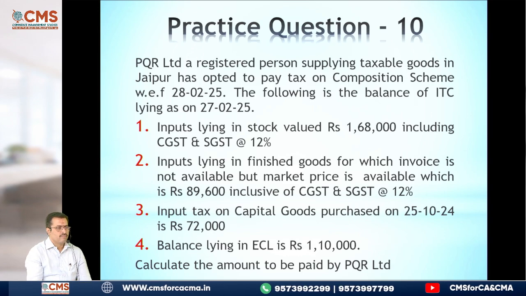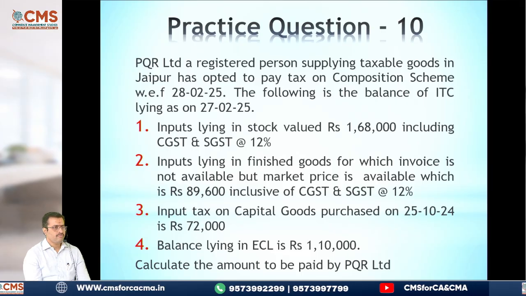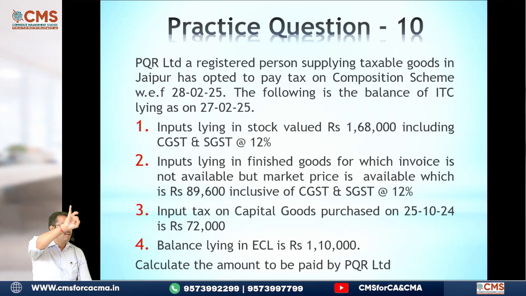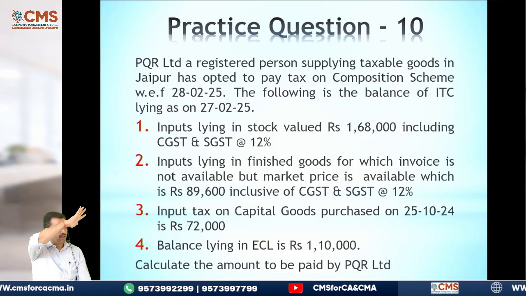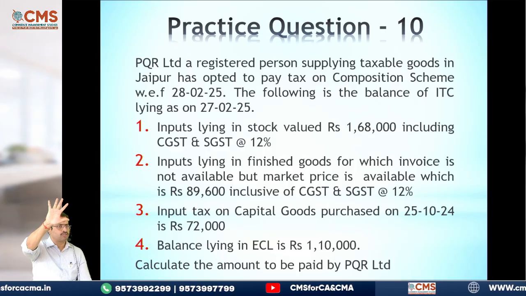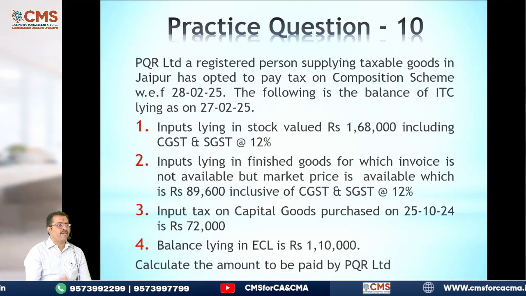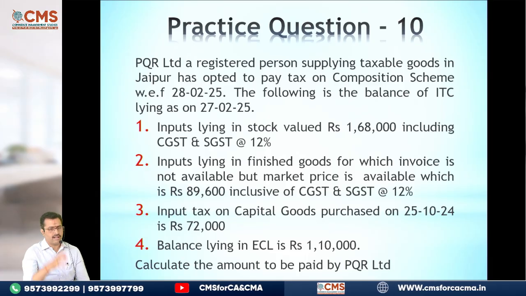I told, no. So how much is the remaining useful life? Please see. 25th October it was purchased. That means October, November, December, January, February, so 5 months it was used. What is the remaining useful life? 55. So 55 divided by 60 into 72,000 we should get. Okay, that will come back.